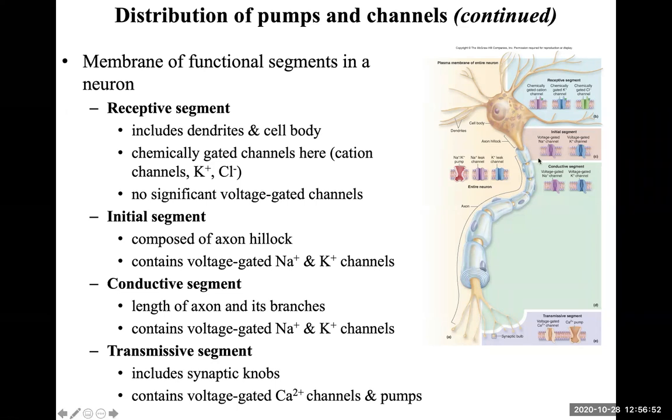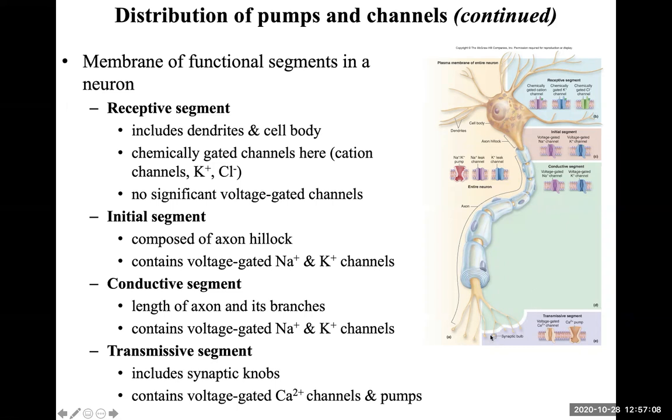So if and when an action potential is generated here at the axon hillock, it'll spread along the length of the axon. It'll reach the synaptic knobs or synaptic bulbs or synaptic terminals. It's a change in voltage, so it'll open up the calcium channels.